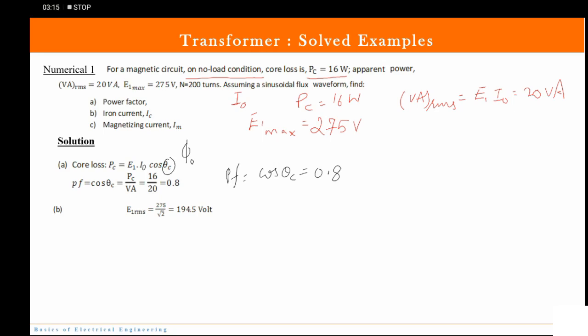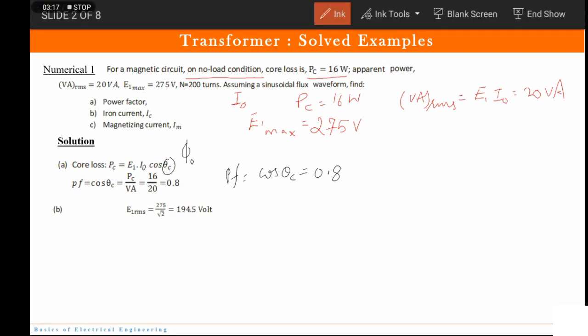So what is the relationship between RMS and peak value? RMS is equal to peak by root 2. So the peak value 275 divided by root 2 is 194.5 volts. So that is our RMS value of the primary voltage.